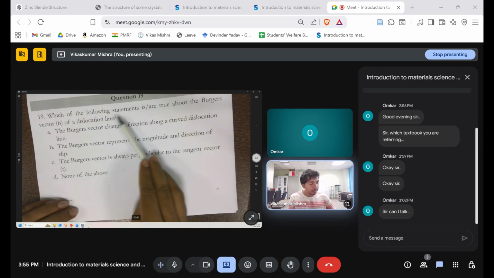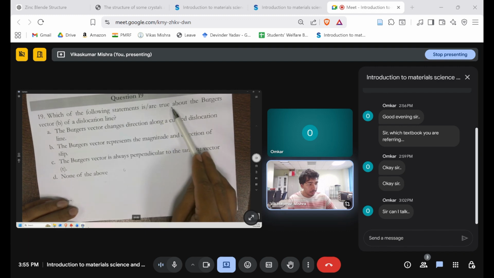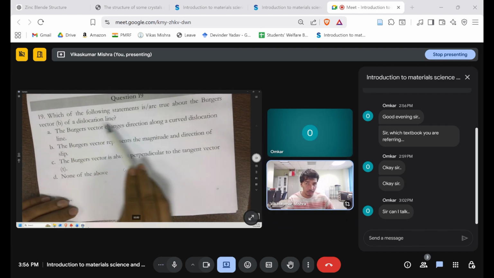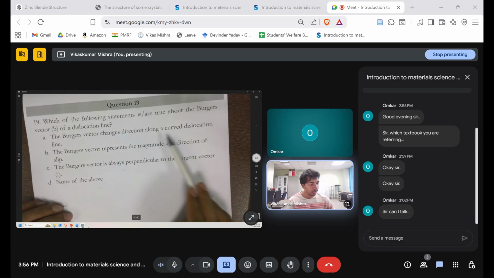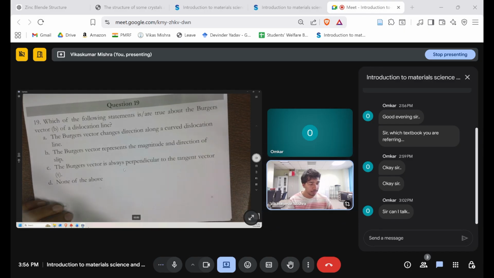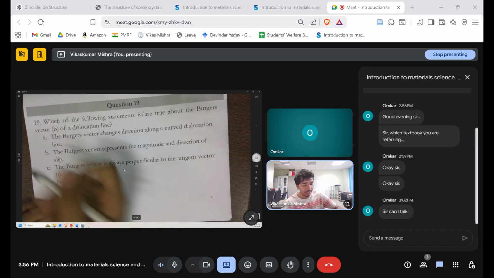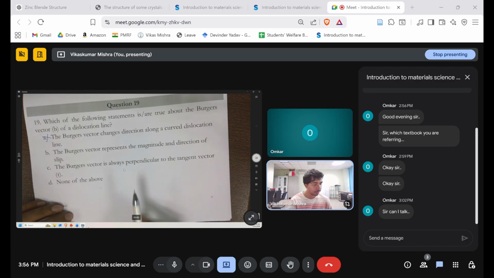Which of the following statements is/are true about the Burgess vector of a dislocation line? Burgess vector changes direction along a curved dislocation line. No, it's incorrect. Burgess vector represents the magnitude and the direction of the slip.